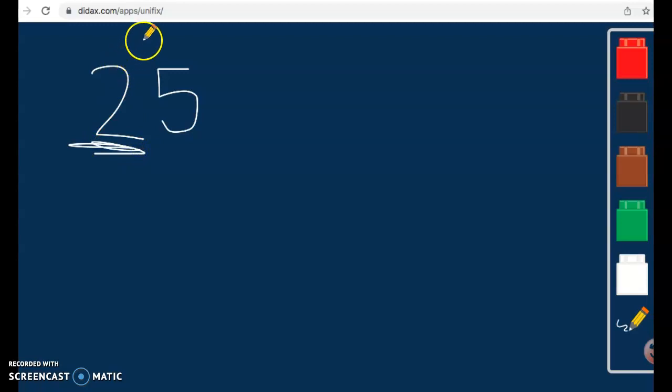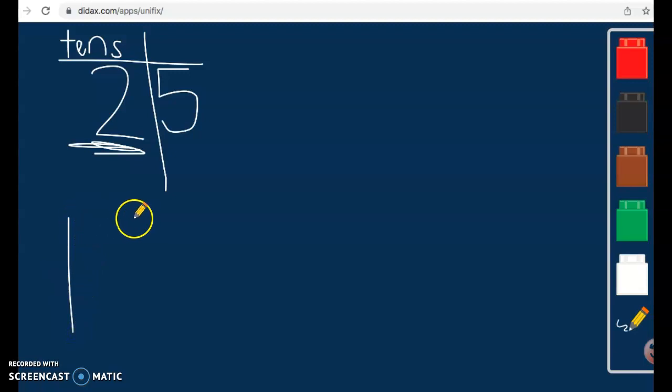If we draw our little chart to help us remember, the 2 is in the 10 spot, so we need 2 bars of 10, because this is the same thing as saying 10 plus 10, and that equals 20.